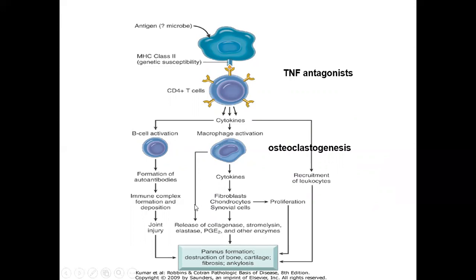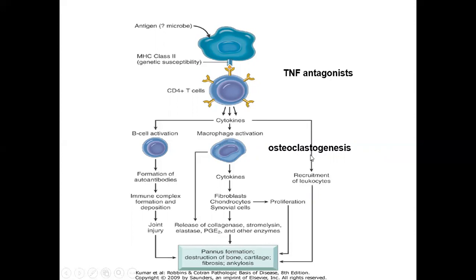Similarly, macrophages release collagenase, which degrades collagen type 2, stromelysin, elastase, prostaglandin E2, and other enzymes, which destroy the articular cartilage, and there is formation of pannus.